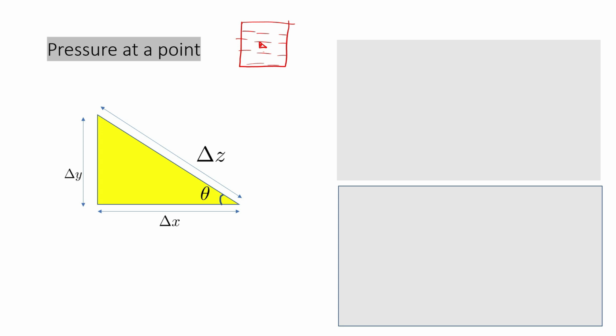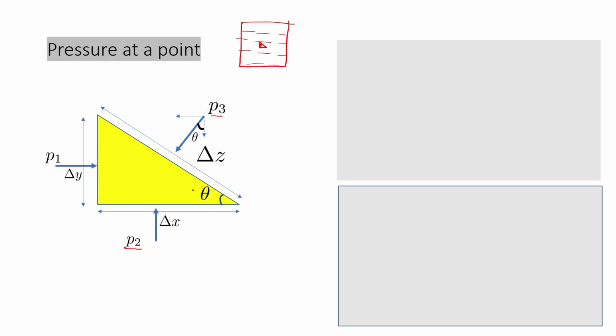If you take the y direction, you can see that there is a pressure P2, and in the x direction you have a pressure P1, and in this direction you have a pressure P3 that is perpendicular to the plane.